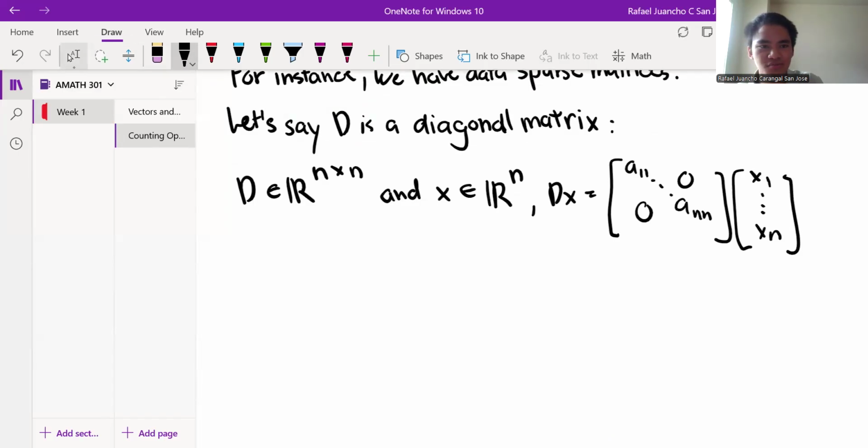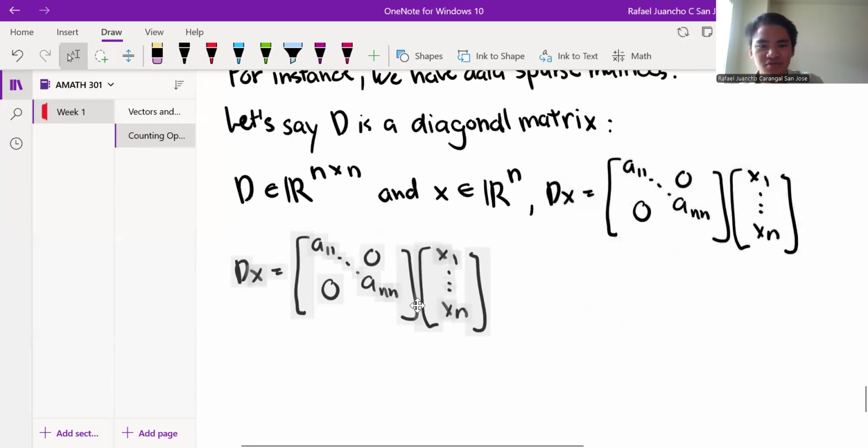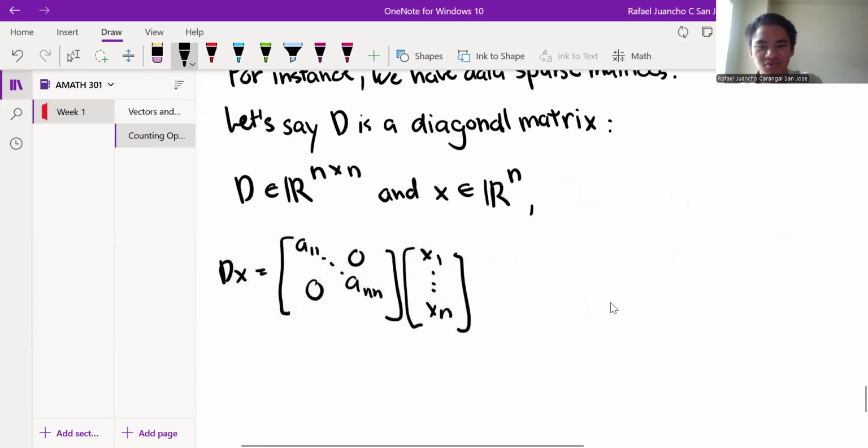If we do our matrix-vector multiplication, we multiply x1 by a11, and the rest is going to be 0: 0 times x2, 0 times x3, all the way to 0 times xn.